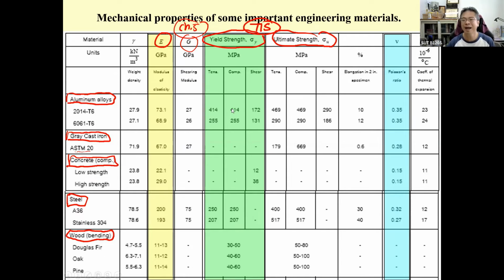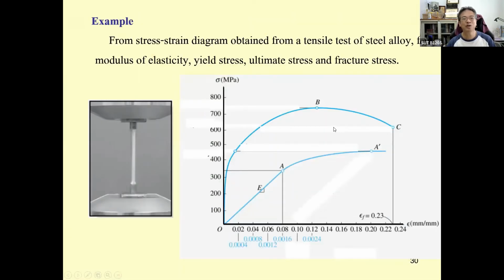And also in chapter 4 we will talk about the coefficient of thermal expansion. We will go to the example, but before we go to the example, let me stop for 5 minutes.